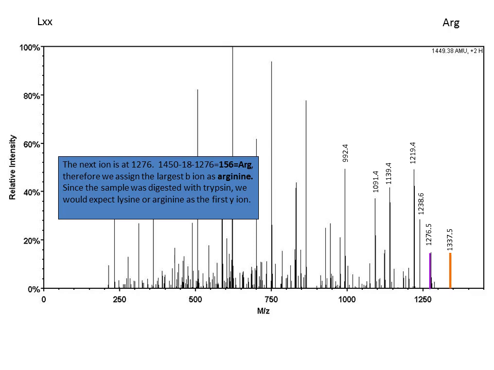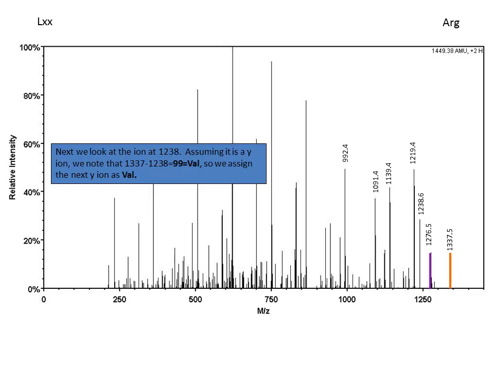Because this is a tryptic peptide, the C-terminal amino acid is going to be either lysine or arginine. So if we subtract 1276 from 1450, and we include the mass of a water molecule, which is induced during fragmentation, we get 156, or the mass of arginine. Therefore, we can assign arginine to our C-terminal.